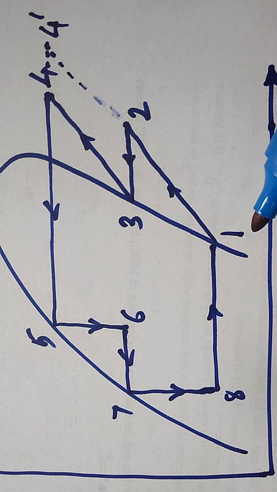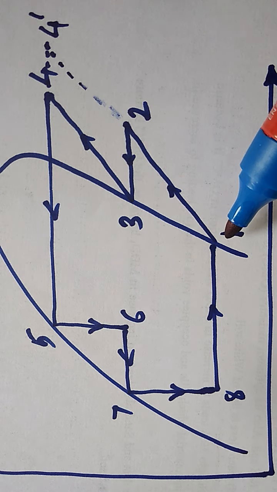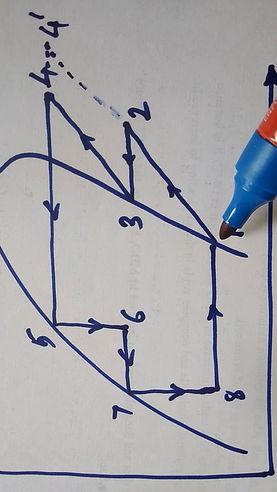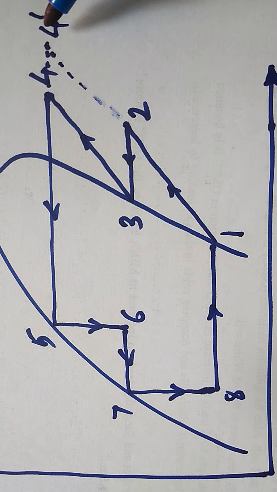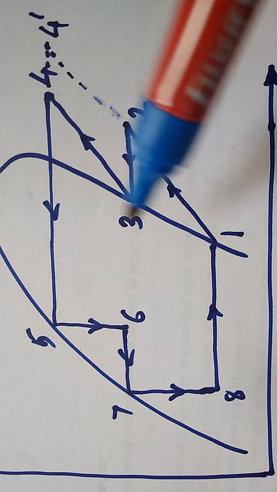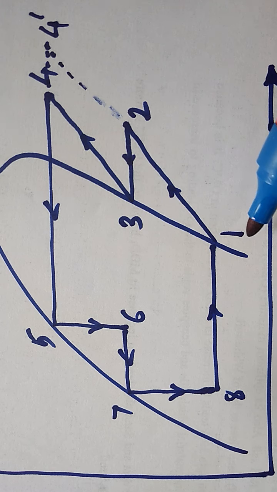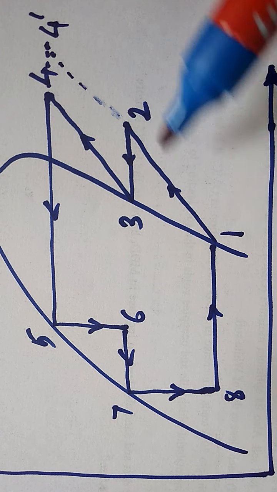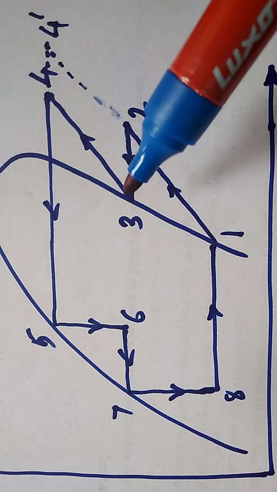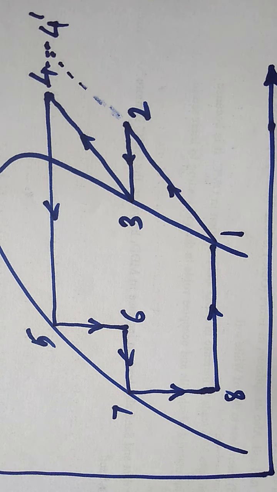That indicates that if the refrigerant is compressed in a single stage, then the process 1 to 4 dash will be followed. But if it is compressed in 2 stages, then it will follow 1 to 2, 2 to 3, 3 to 4. What is the advantage?